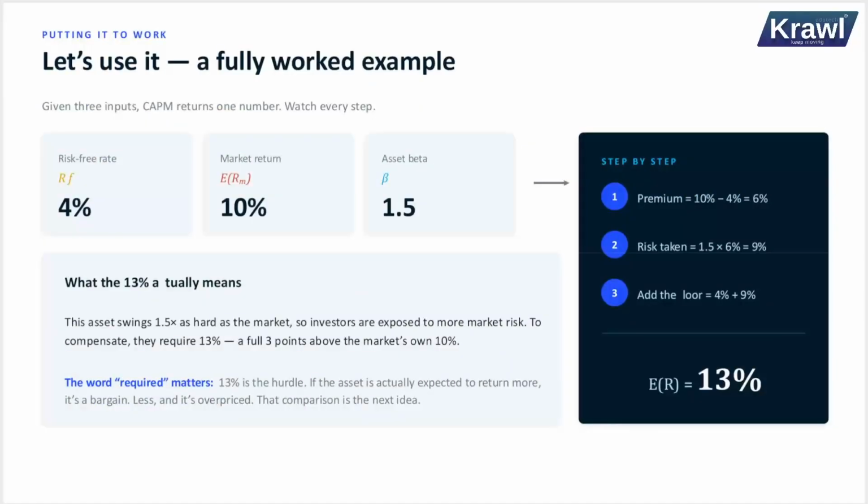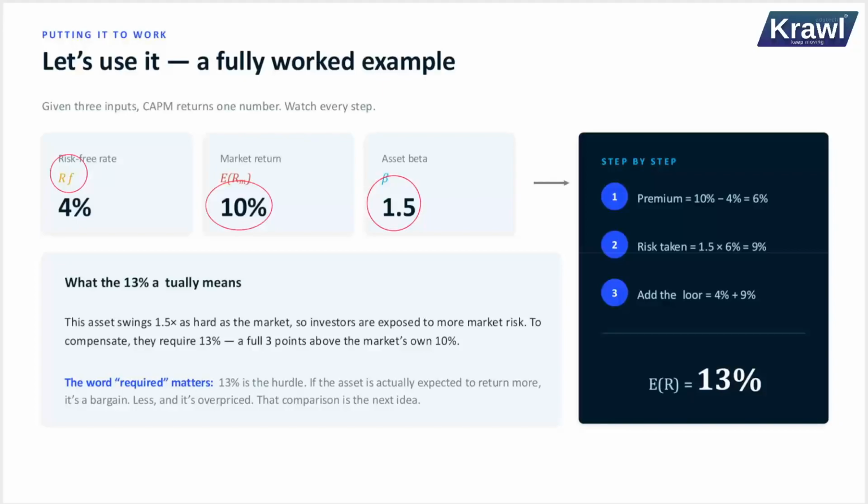We now move on and we look at a worked example. In this example, you have a risk-free rate which is 4%. The market expected return is 10%, and the beta of the asset is 1.5.